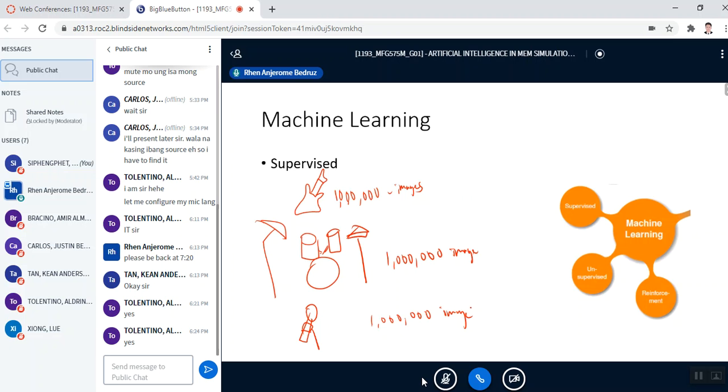Now, if I have an instrument here, for example, a very uniquely shaped guitar.